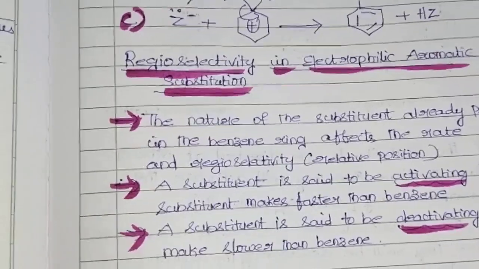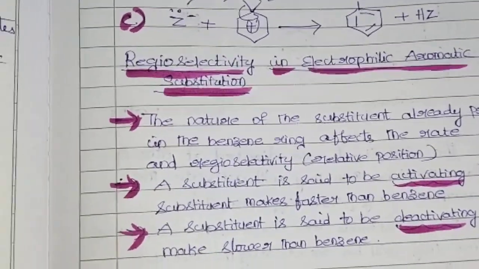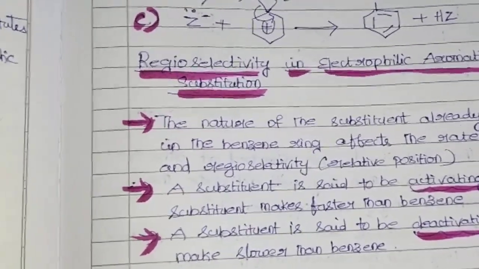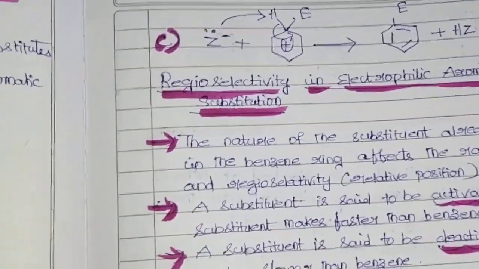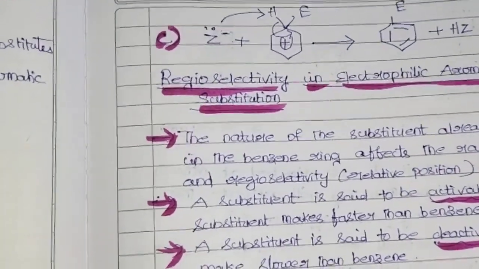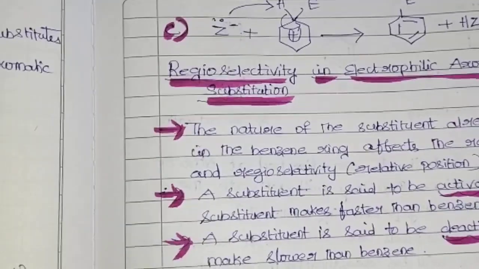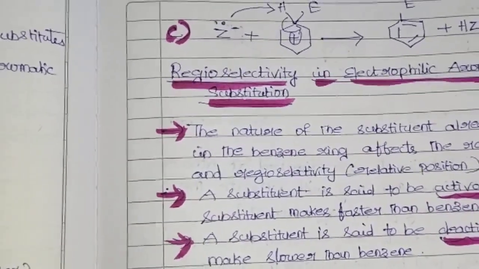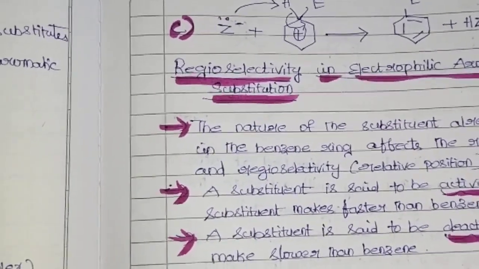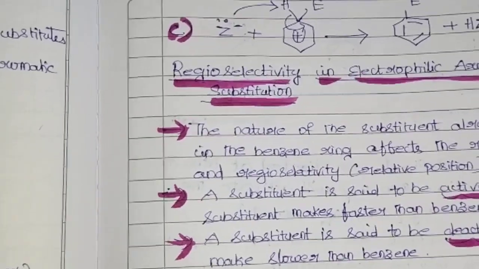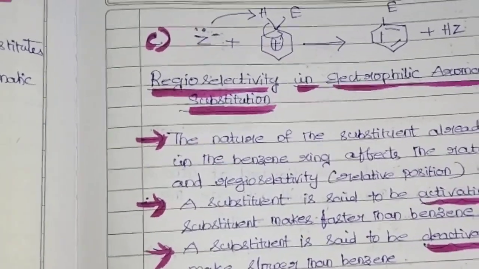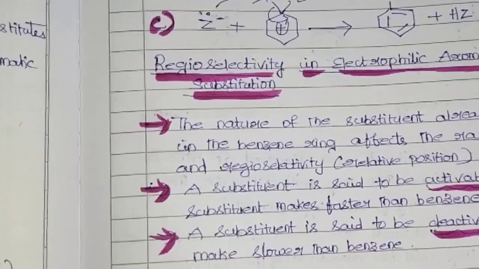We can say one thing: whatever electrophile is attached to the aromatic ring, it may make the benzene ring or the substituted group faster, that is activating, or it may make it slower.